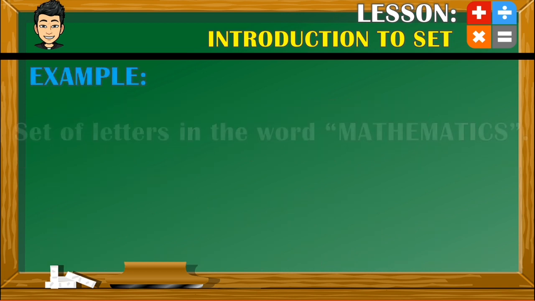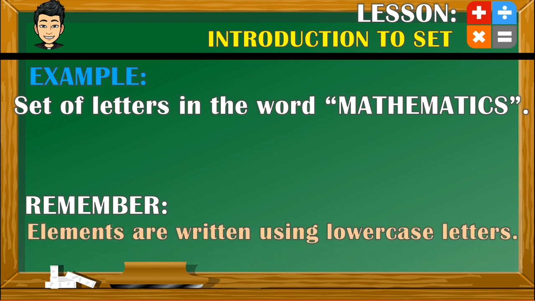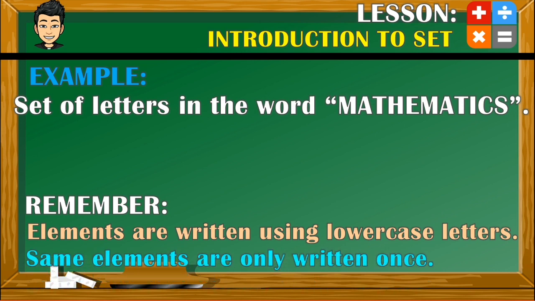For our second example, we have set of letters in the word mathematics. Before we answer this one, take note that the elements are written using lowercase letters. And same elements are only written once. As you can see, in the word mathematics, there are letters that are the same.